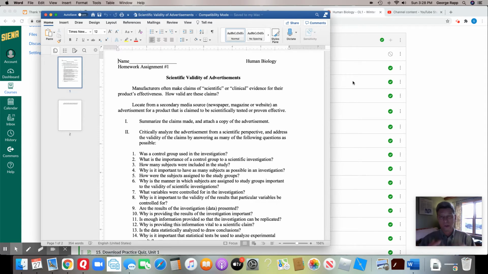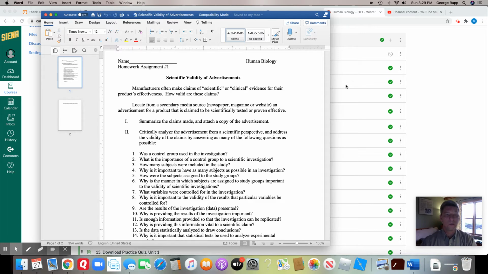Some claim that science is really behind this product and that there have been real scientific experiments done that will illustrate the efficacy of whatever this product is. Now, it can be a face cream. It can be to reduce acne. It can be to help you lose weight. There's thousands of ads out there for all sorts of products, and it should be fairly easy for you to find one and do that.